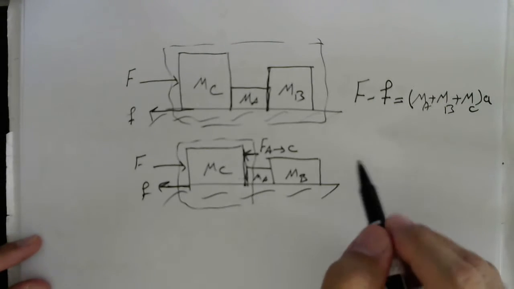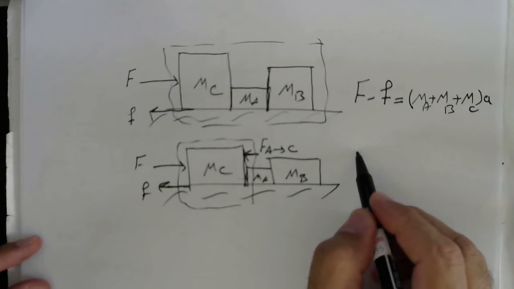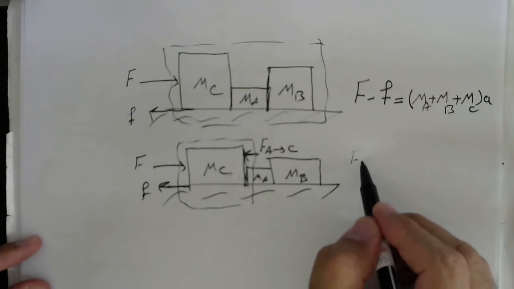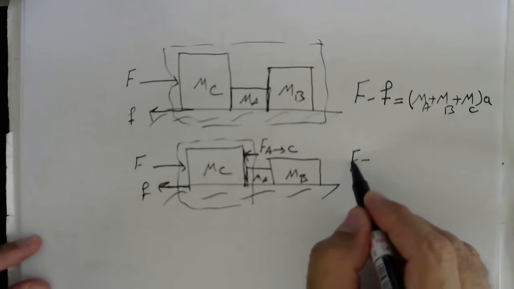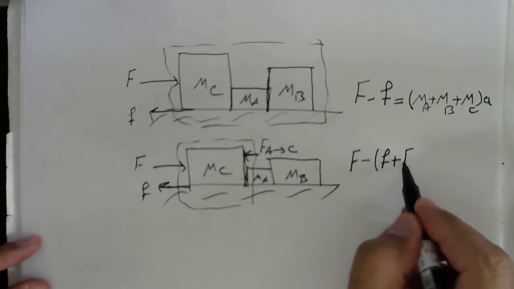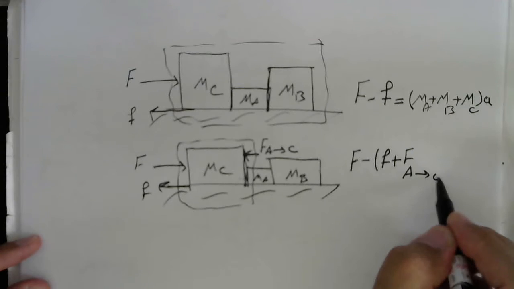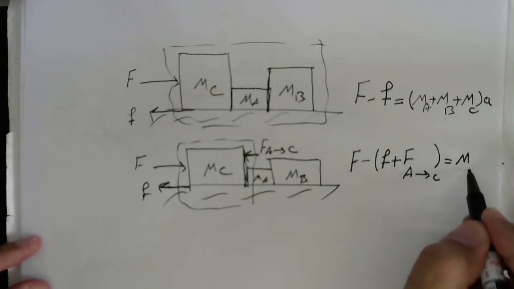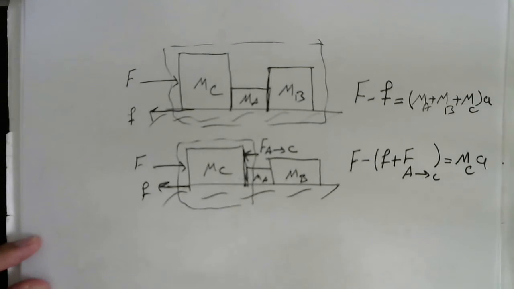And for this condition, F minus f plus F A to C is equal to mC a. Only the mass of C when you consider it.